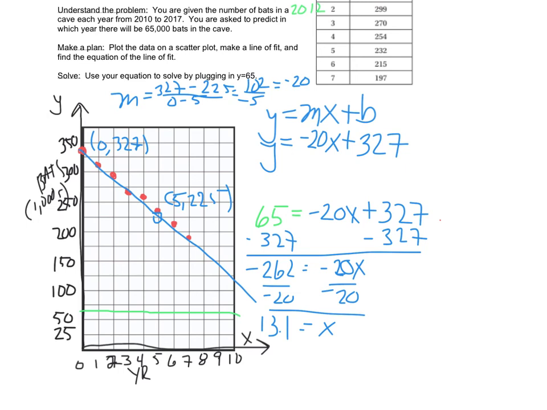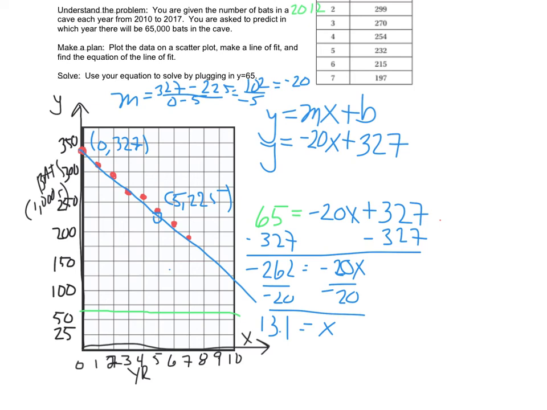So then we say, okay, 13.1. So what does x represent? X represents the years, where 0 was 2010, and we're looking at 13 years after 2010.